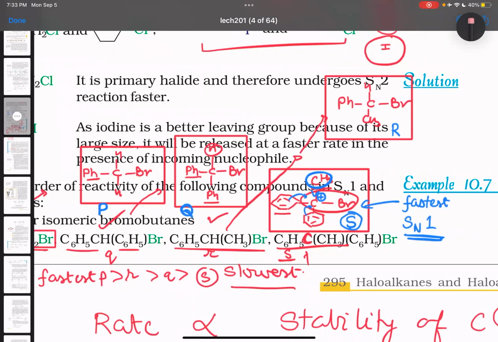So here also it is stable, but not as stable as the one in which, so this is the fastest. Let's compare the rate. More benzene rings will make the carbocation more stable.